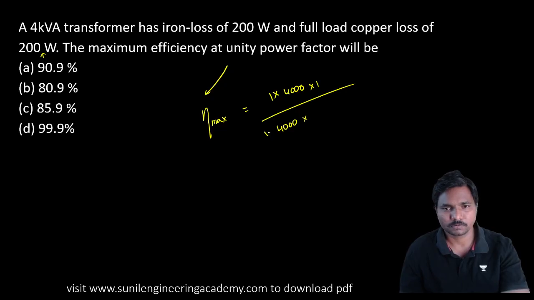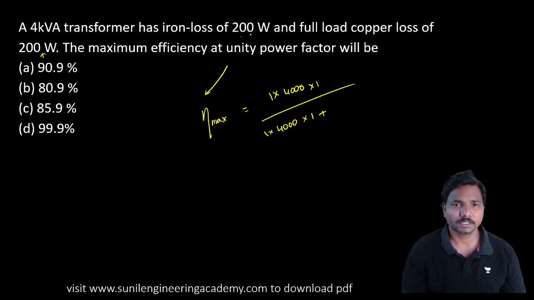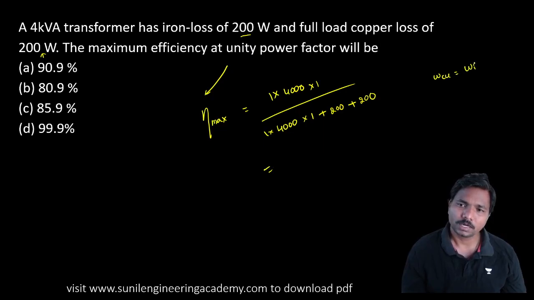So 1 into 4000 into 1 plus iron losses. Iron losses are constant, 200, and the full load copper losses they have also given as 200 watts at full load only, so that is 200. Here we have to take copper losses equal to iron losses.